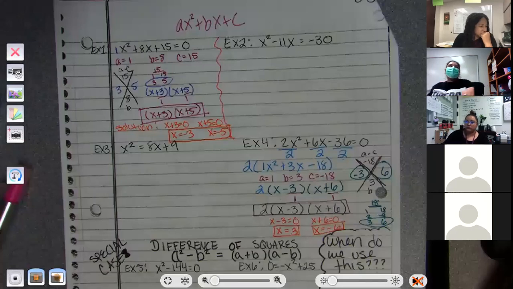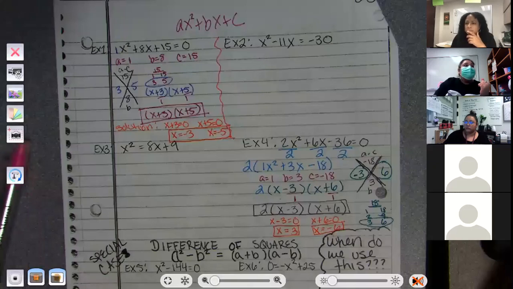Okay, so some of us got stuck, right? You were able to tell me that you were able to find A, B, and C. And then from there, you just kind of got stuck. Okay, cool.